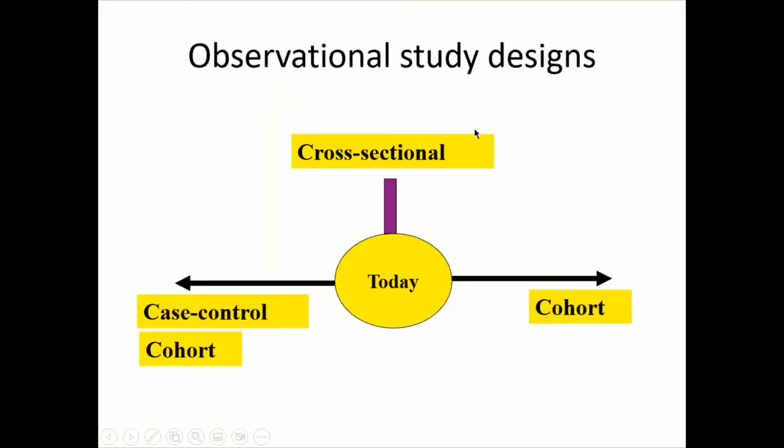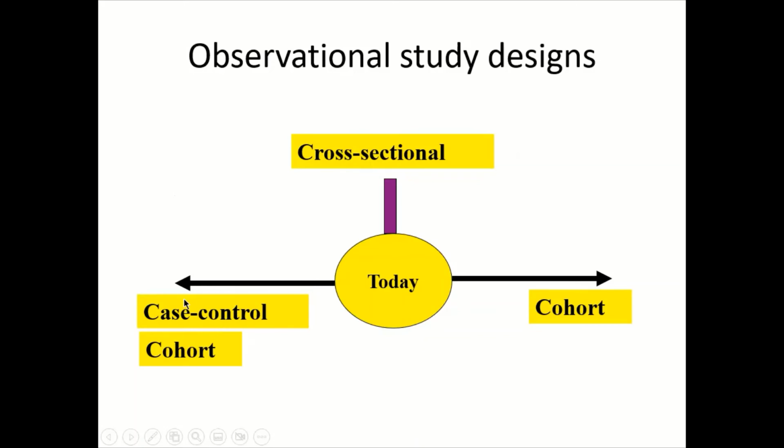Now, this diagram shows us the relative positions and dynamics of the observational study designs. So for case control and cohorts, it can be going backward in time. From today, we study cases and controls, probably records.